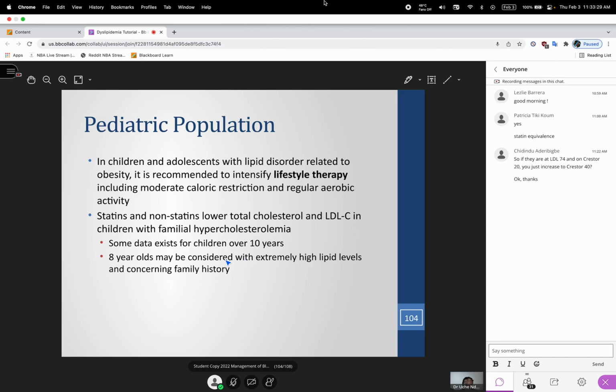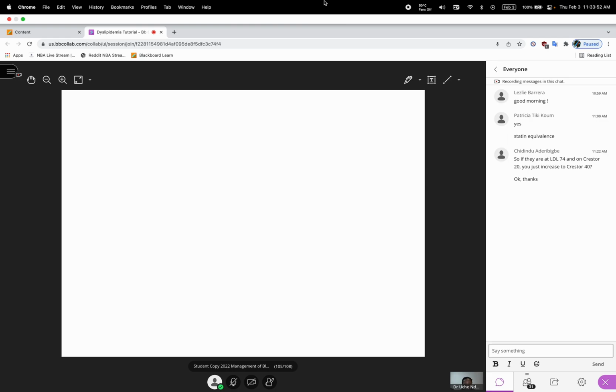So usually, if we start suspecting something like this, there's generally going to be a family history. So there's going to be that familial hypercholesterolemia. So there are some statins, pravastatin specifically, that can be used in children. And I think rosuvastatin can be used in children over the age of 8. But in general, with our pediatric population, we definitely push lifestyle therapy. Okay.